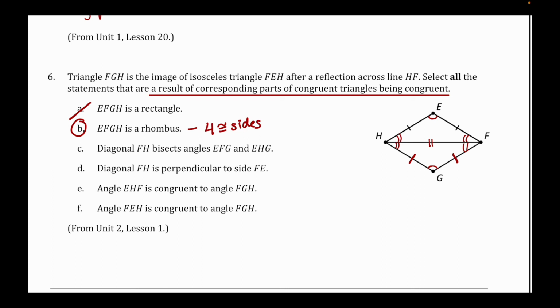Okay. Option C says diagonal FH bisects angles EFG and EHG. So that is saying that it bisects my 2 corner angles on the left and the right, in the way that I drew them.